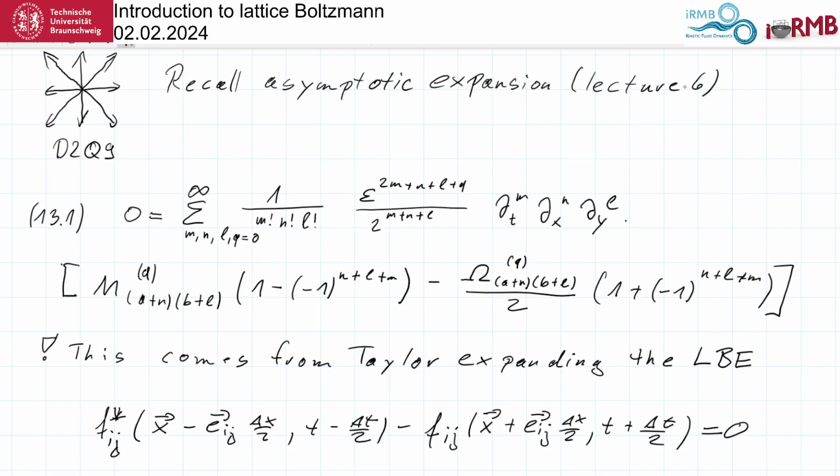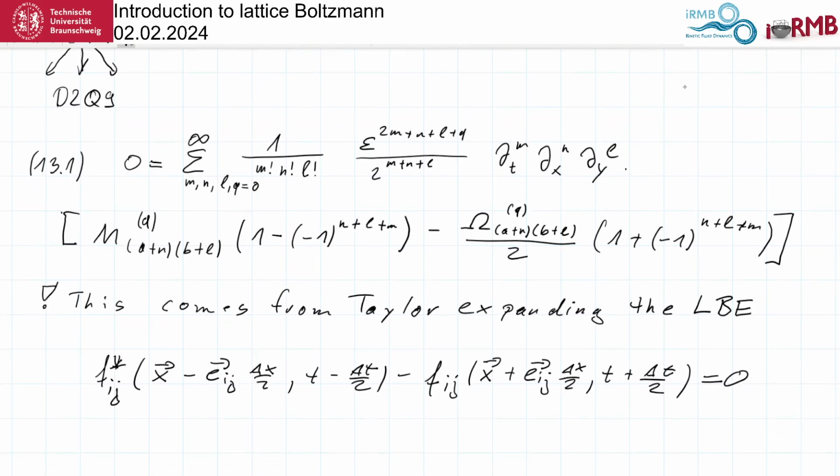So we'll Taylor expand this using, in addition, that this e_ij is the vector ij, and delta t is proportional to delta x squared, and this is proportional to epsilon squared, so this is in diffusive scaling.